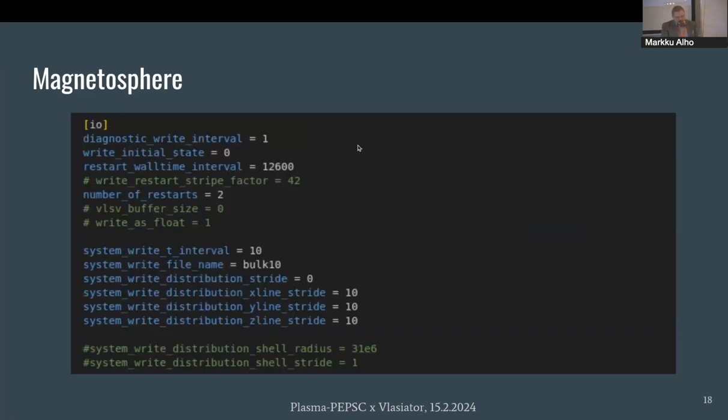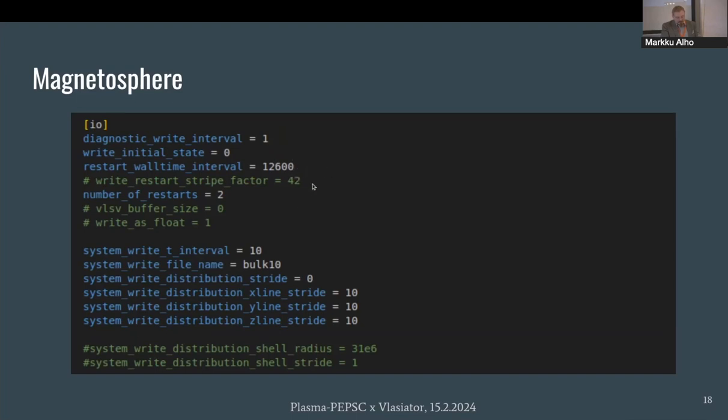And some input-output definitions: diagnostic interval, 1 second. We probably want to have something like this, pretty frequent. We are not dumping an initial state. We are not at this point interested in that. It might be worth it if you are developing a run and seeing something weird happening, to check what is going on.